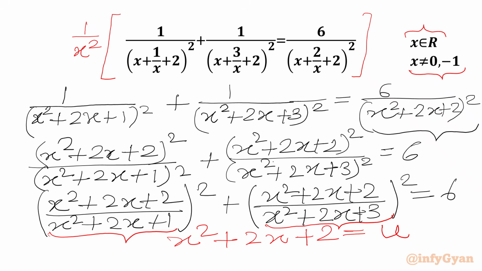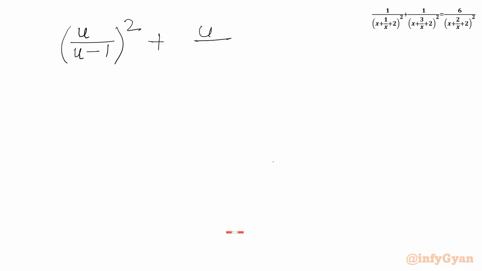So we can write our equation: u over u minus 1 whole square plus u over u plus 1 whole square equal to 6.